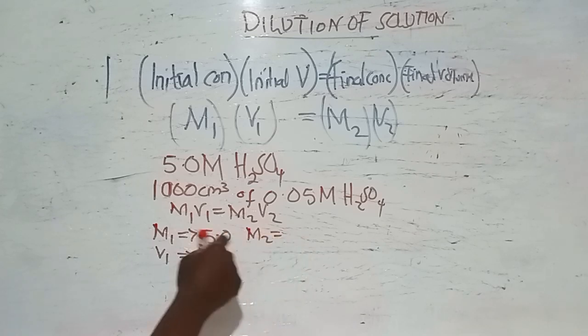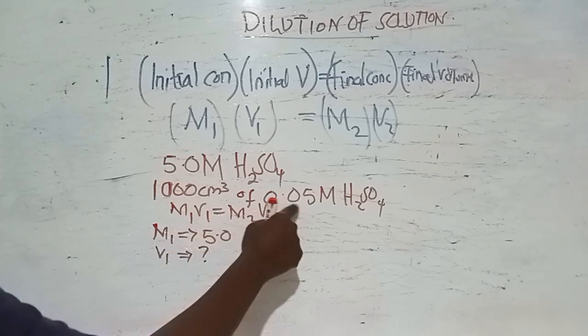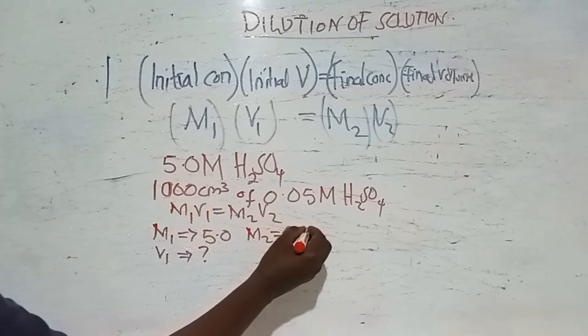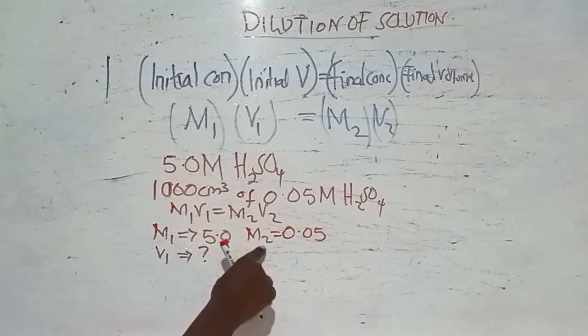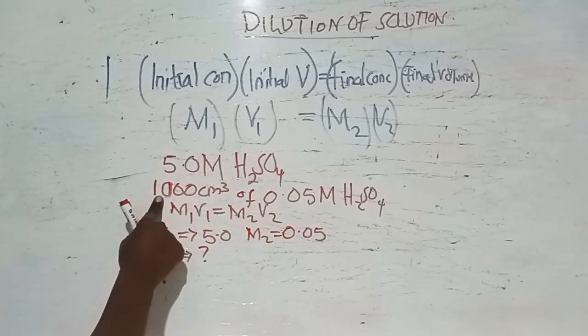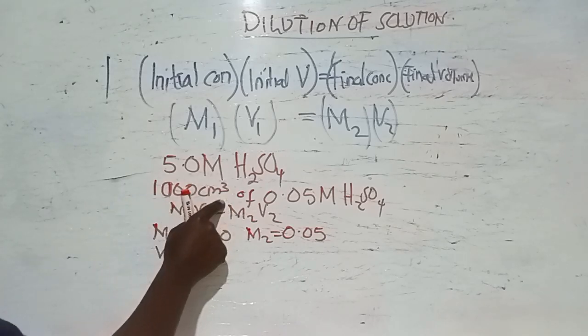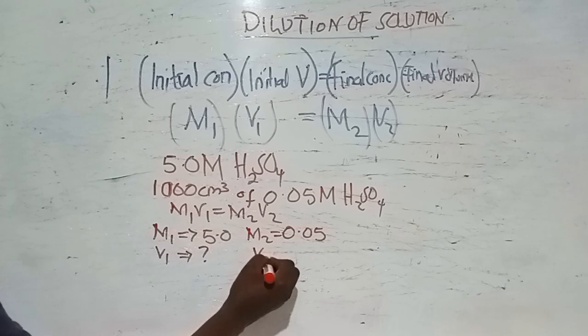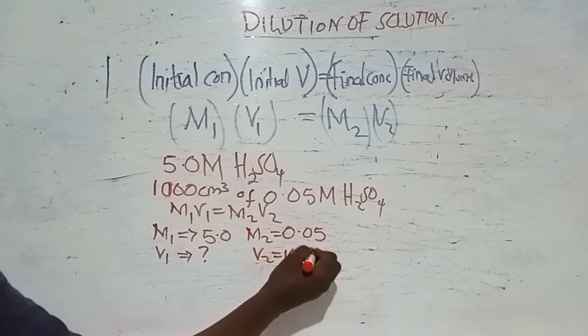Do we have our final volume? Yes, because we've been told to calculate the volume that is going to be required to make 1,000 centimeters cubic. So our final volume, which is V2, is 1,000 centimeters cubic.